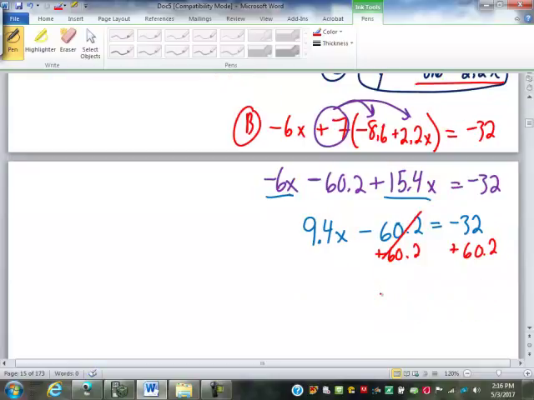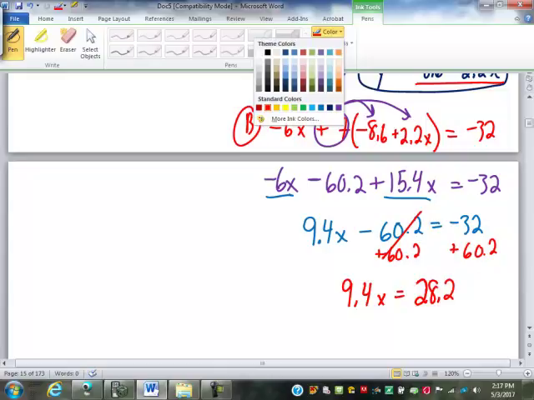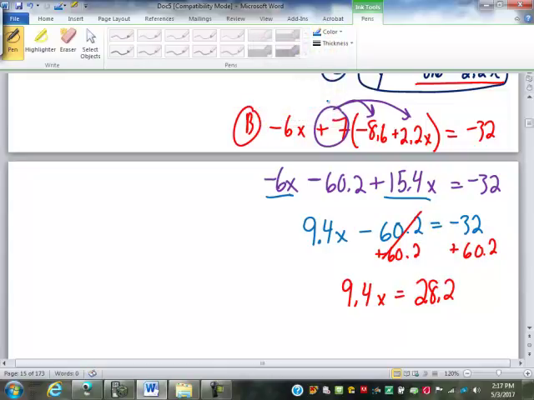So negative 32 plus 60.2 gives us what? 28.2. Good. And then finally, we have to divide by 9.4. 28.2 divided by 9.4 is 3. We get x equals 3.